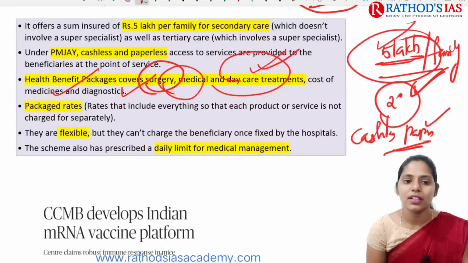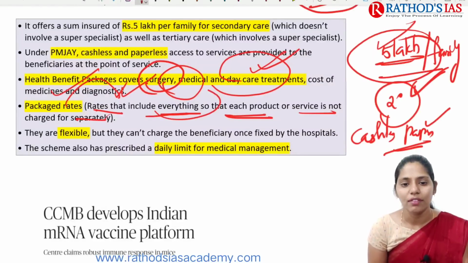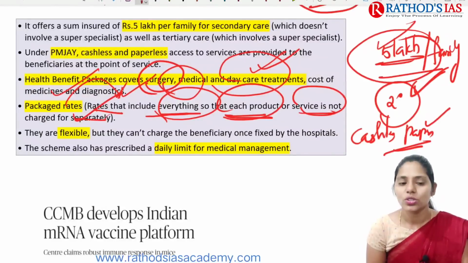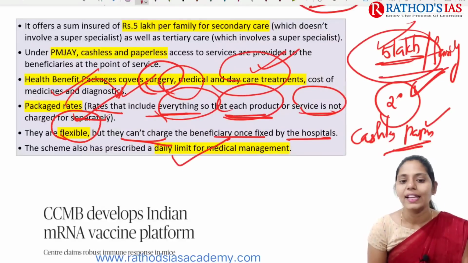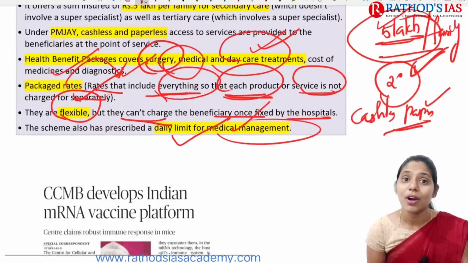Talking about packaged rates, the rates mainly include everything, so that each product or service is not charged separately. They are flexible, but hospitals can't charge the beneficiary once the rates are fixed. The scheme also prescribed a daily limit for medical management as well. So this is about the scheme.